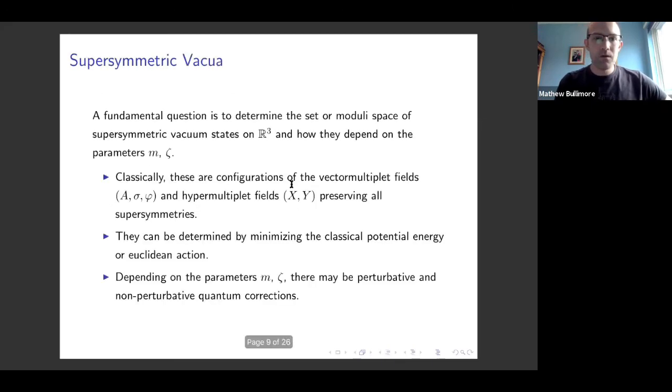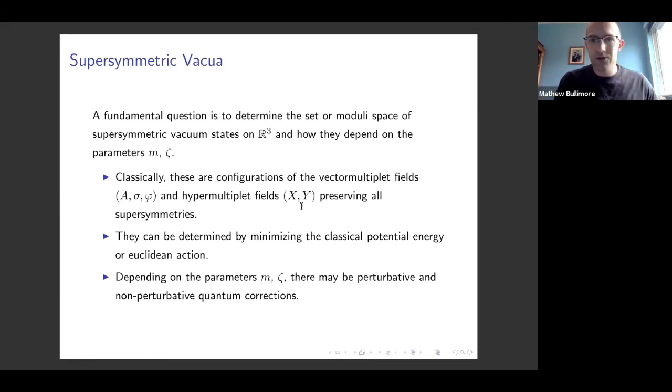So what I'm going to talk about in today's lecture is to try and understand what the vacua are, or the supersymmetric vacua of the system. So these are the configurations of the fields, classically, that are kind of the vacuum states of the system. They're configurations that are annihilated by all of the supercharges. And they're also configurations that minimize the potential energy of your system.